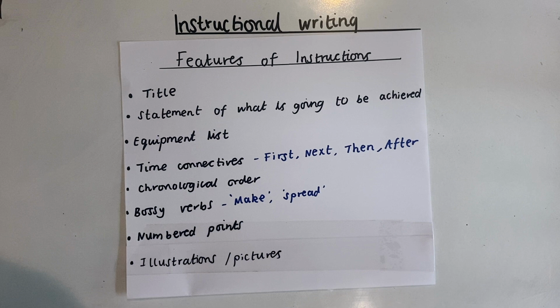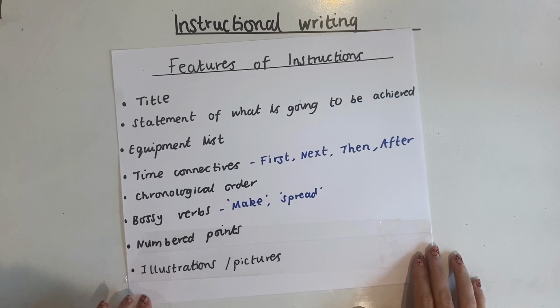Chronological order, this is the order that it happens in. Bossy verbs, so these are our instructional verbs which tell you to perform a certain action, such as make or spread. Numbered points, and illustrations and pictures. Now, not all instructions have illustrations or pictures, but today my instructions will.